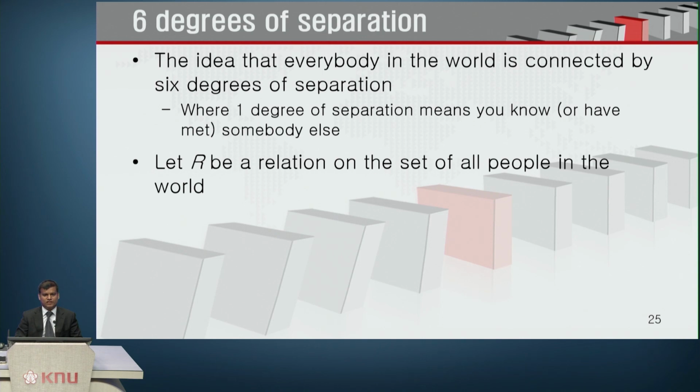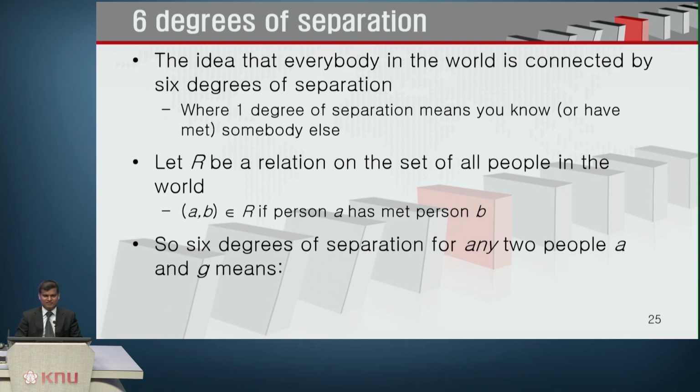Let R be the relation on the set of all people in the world, and (A, B) is an element of R if person A has met person B. So six degrees of separation for any two people A and G means, for example, person A has met person B. You know someone by means of some friends, then that person might know another person through some relations, and that person might know another person.